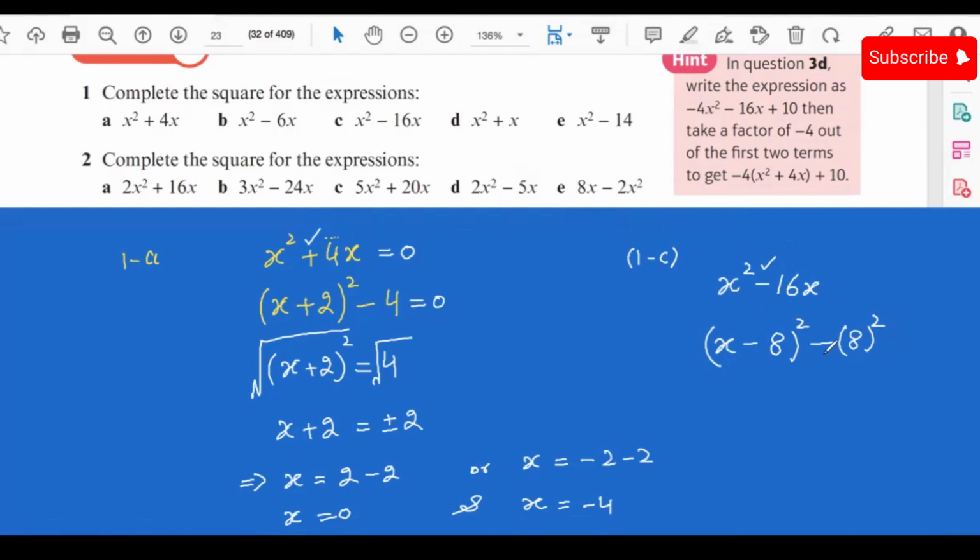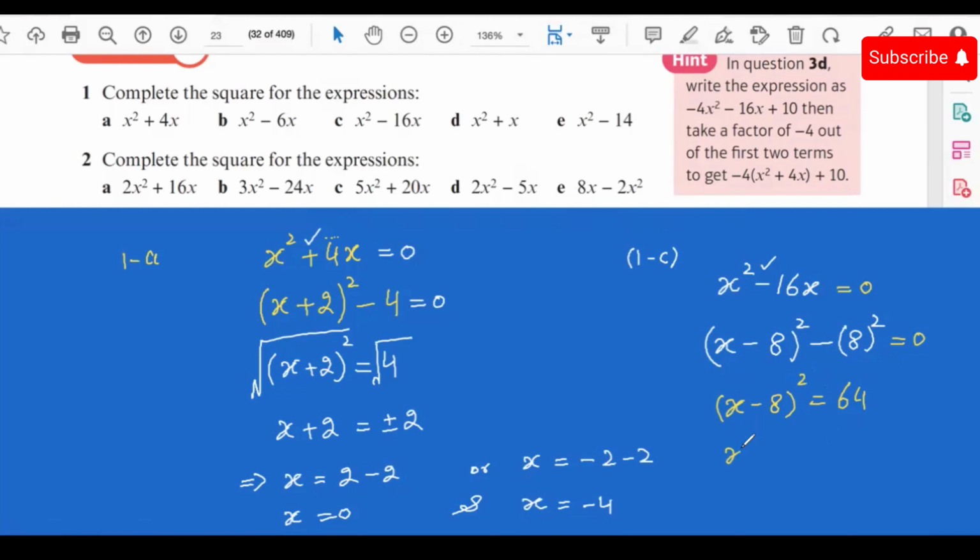Okay, now here we have x minus 8 square minus 8 square. Now let's convert it also into an equation. Then we will find its roots by setting it equal to 0. So here we have x minus 8 square that must be equal to 8 square, which is 64.